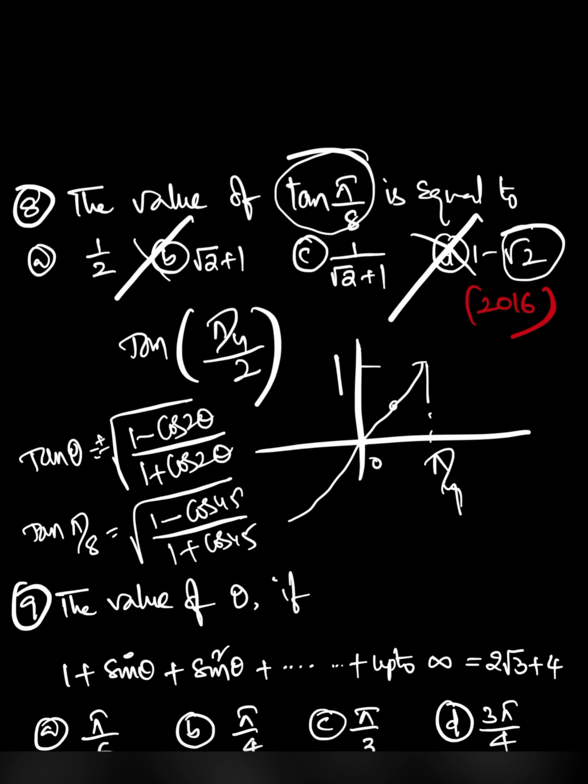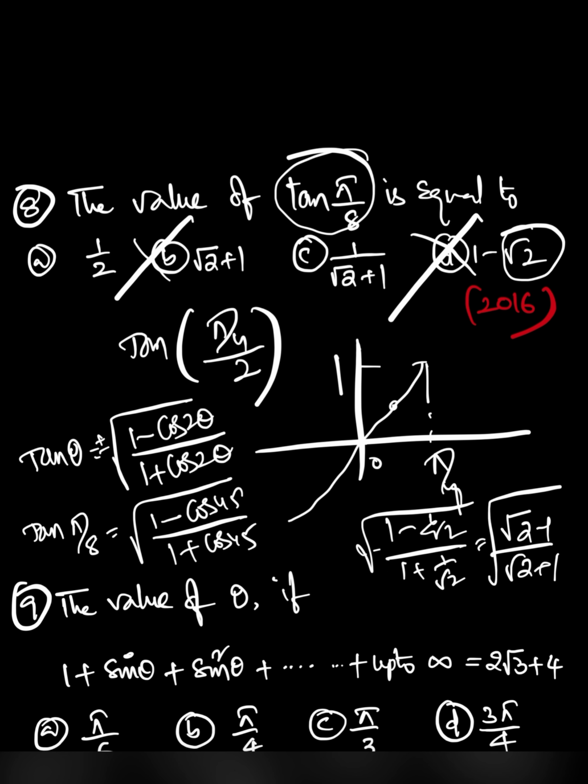What is cos 45 value? 1 by root 2. So we'll get root over 1 minus 1 by root 2 by 1 plus 1 by root 2, that is root 2 minus 1 by root 2 plus 1, right? It's under root.